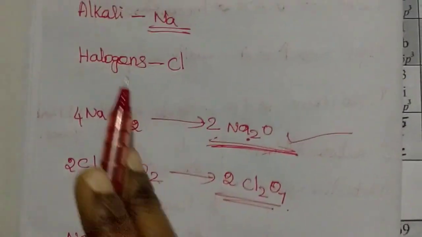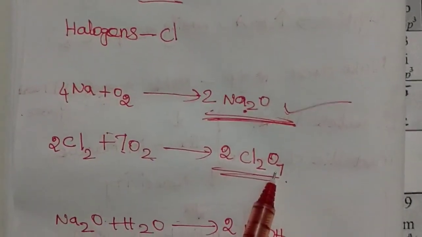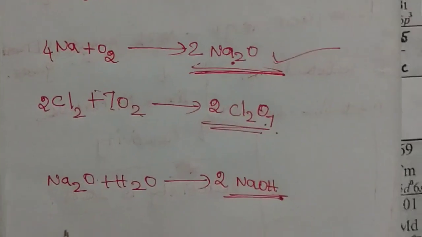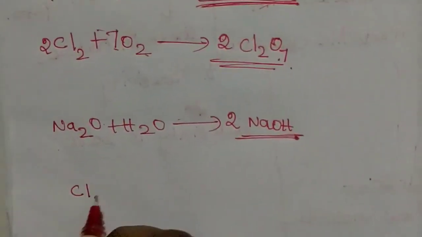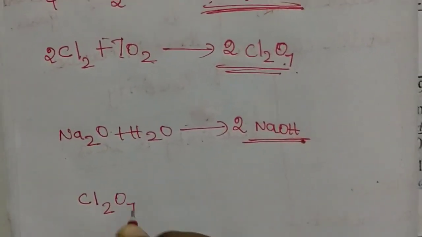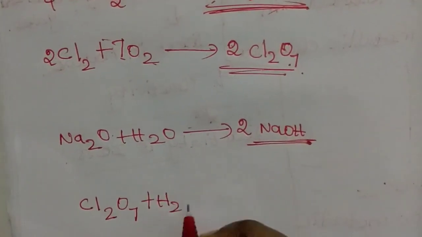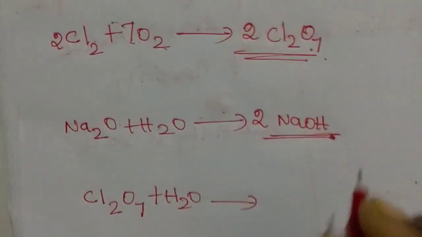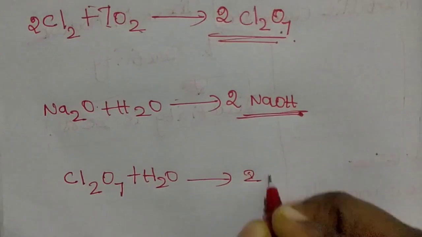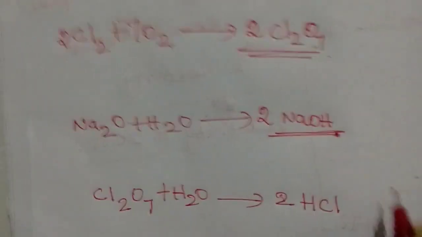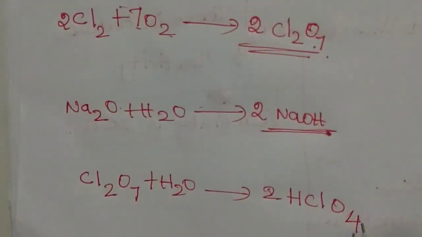And treating the halogen product, Cl2O7, with water, it produces 2HClO4.